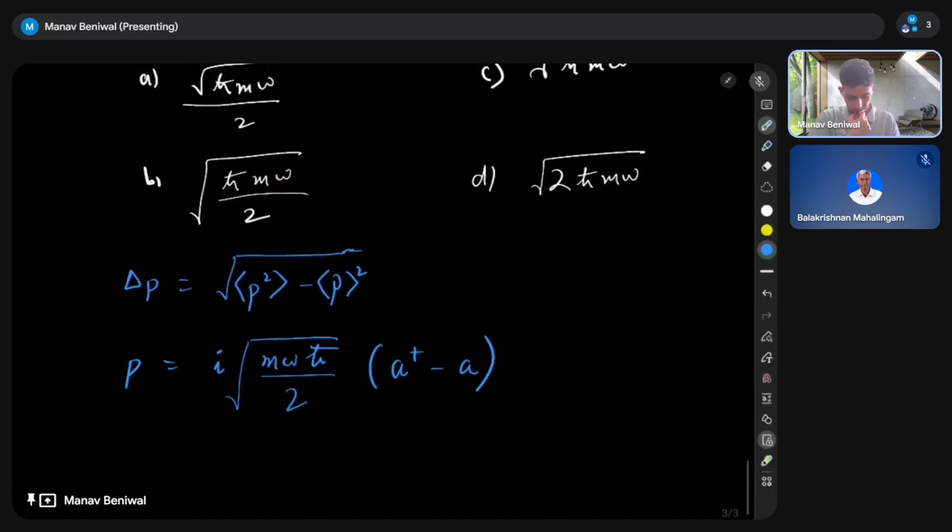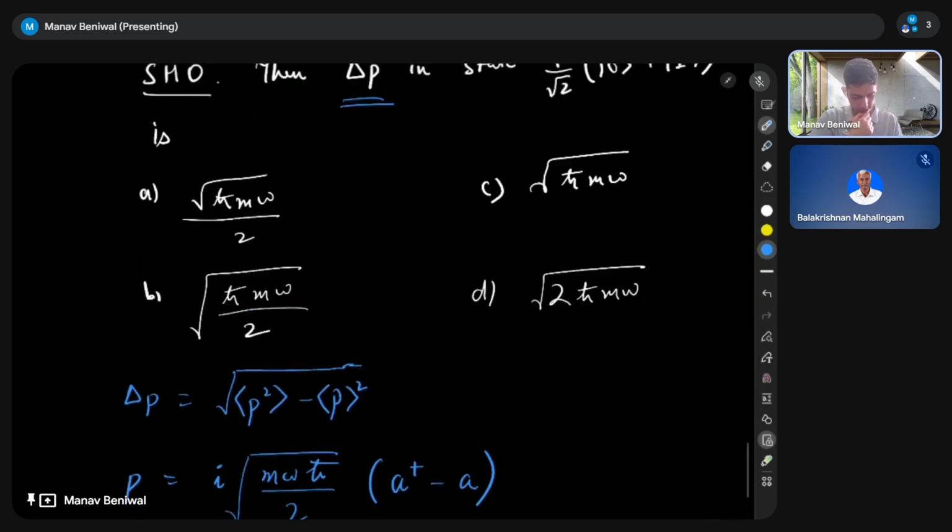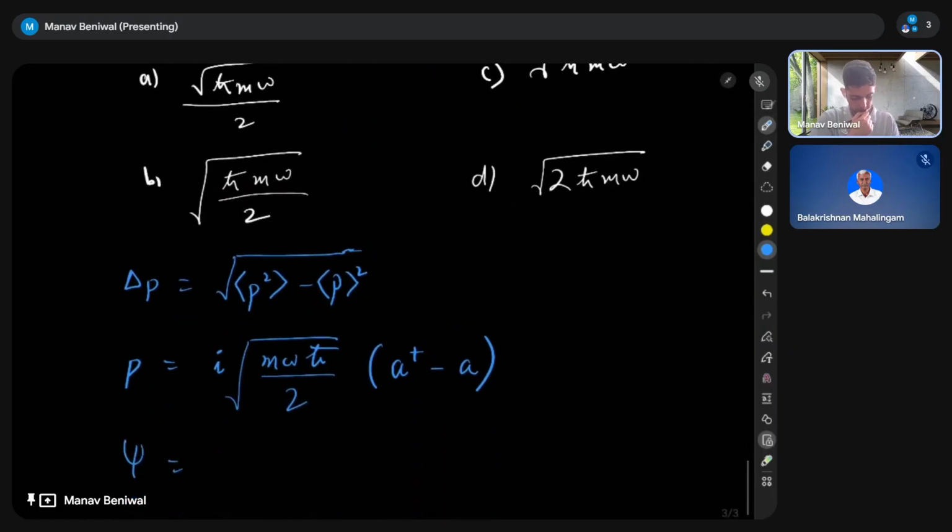Okay, so this is p and our psi is given to us as 1 by root 2 times 0 plus 1.